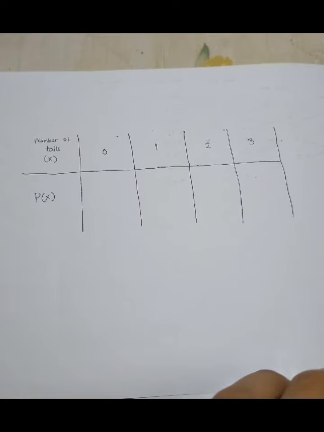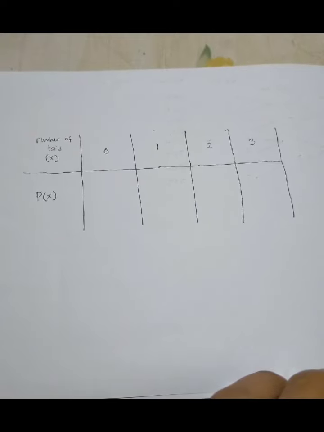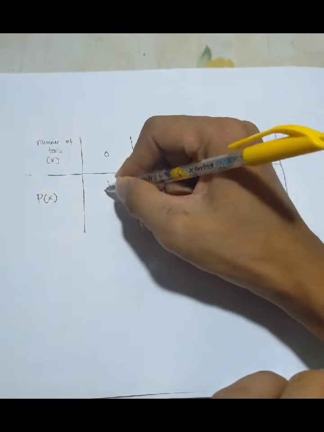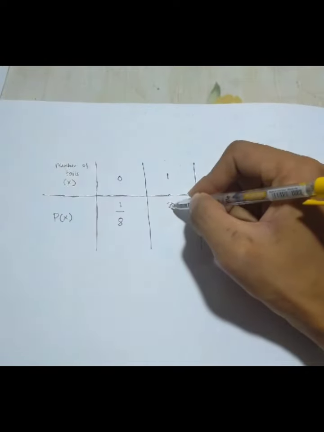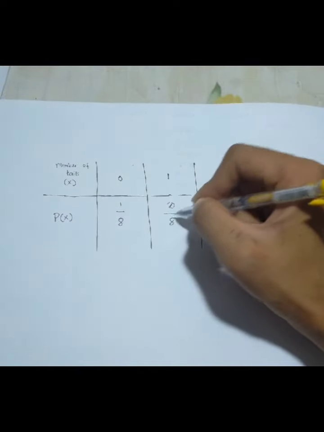So, what is the probability when there is no tail when you toss the coin 3 times? The probability is 1 over 8. Next, what is the probability when there is one tail when you toss the coin 3 times? It is 3 over 8.